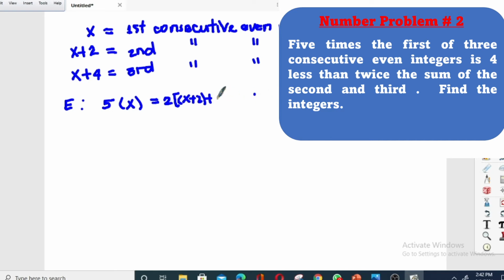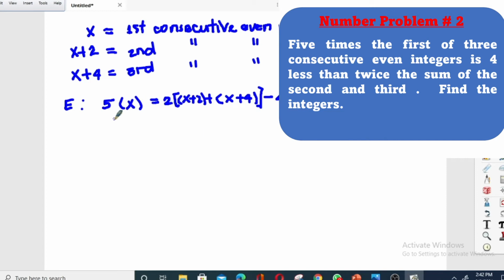So the sum of x plus 2 and x plus 4, and then minus 4. We should use a bracket here. So that's the translation of the English phrase into an algebraic expression.